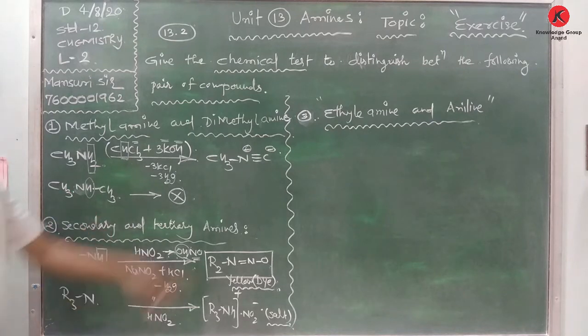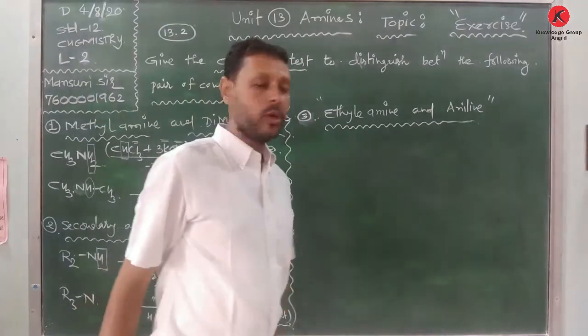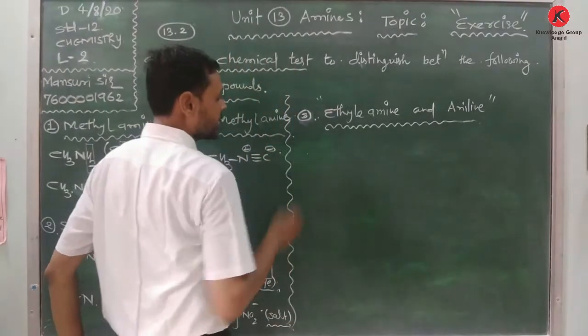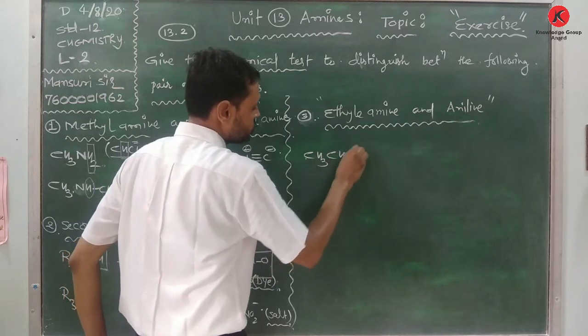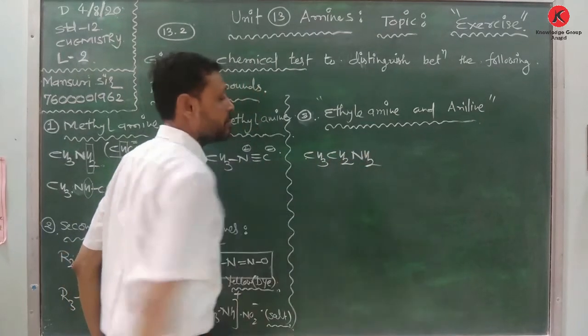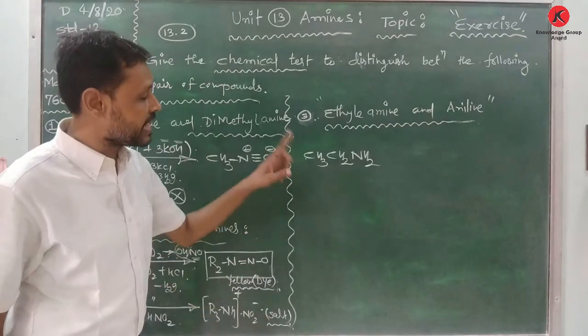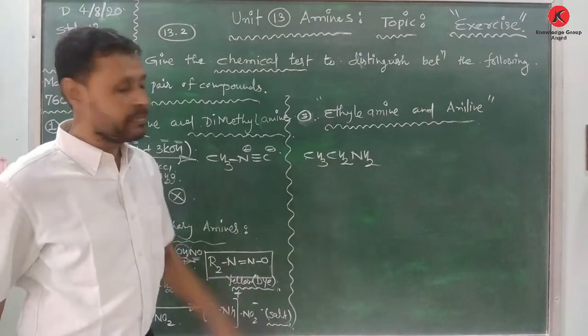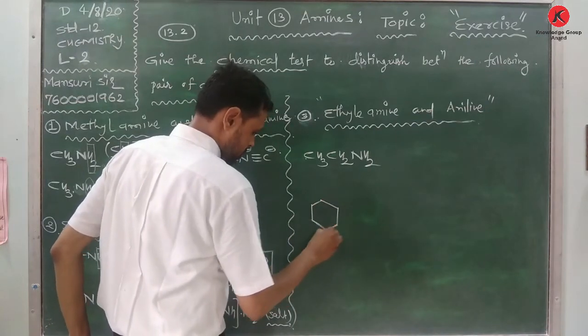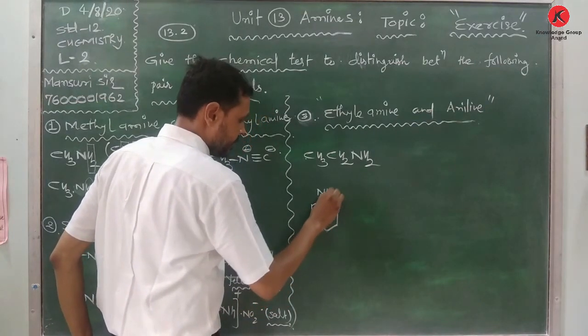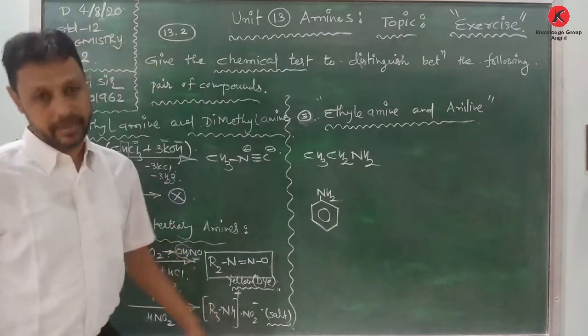Okay. Ethylamine and aniline. You know very well that ethylamine means alkylamine, so CH3CH2NH2. This is my primary amine as well as aliphatic amine. Now aniline means aromatic amine and primary amine.